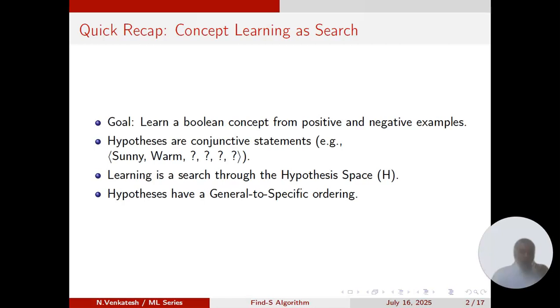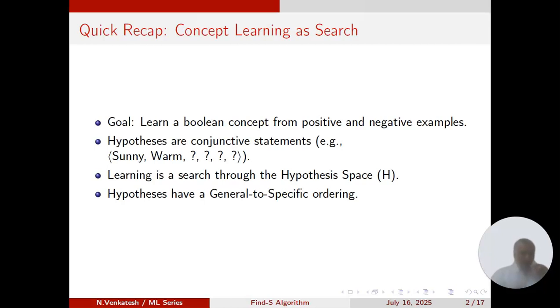No. So that's where we are going to use the properties of a lattice by defining a partial order relationship on those set of hypotheses, and we define an ordering called a general to specific ordering. So first, what is this more general than or equal to relationship between hypotheses?